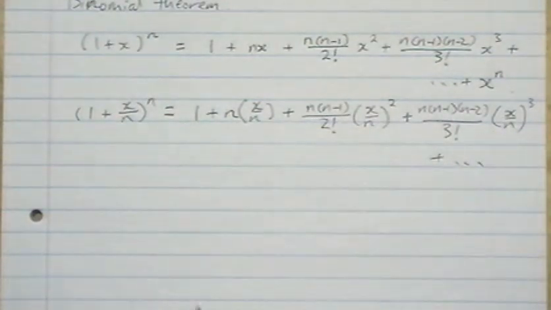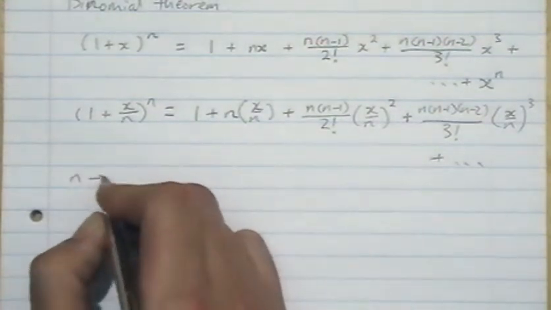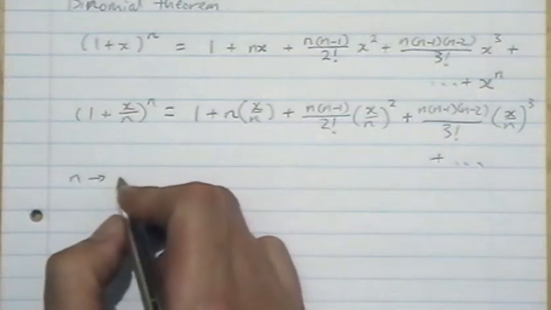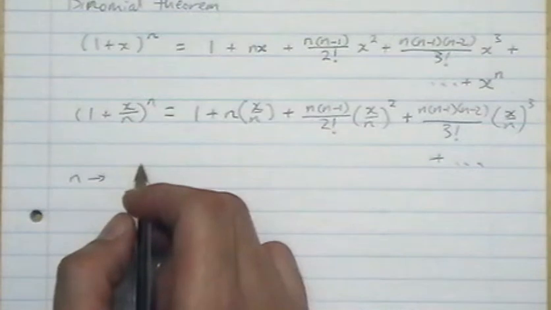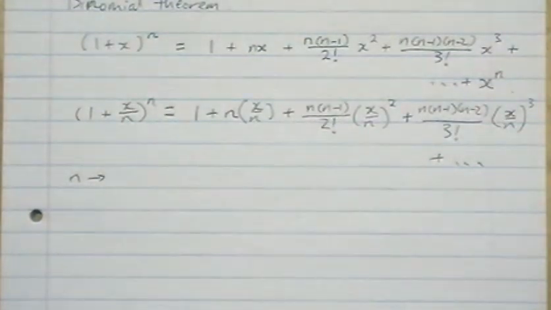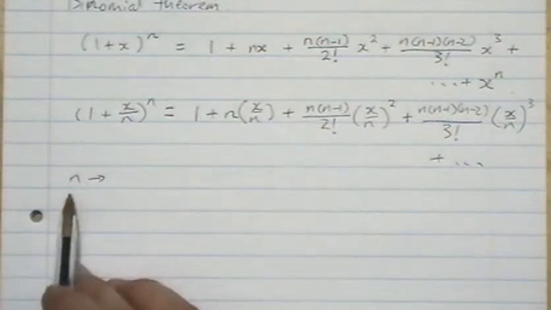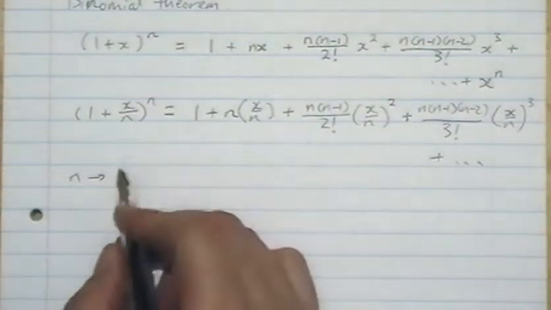So this is what it looks like using the binomial theorem. Now I am interested in what happens when n goes to infinity. So let's take it one step at a time. Let's not allow n to go straight to infinity. That's always hard to imagine.